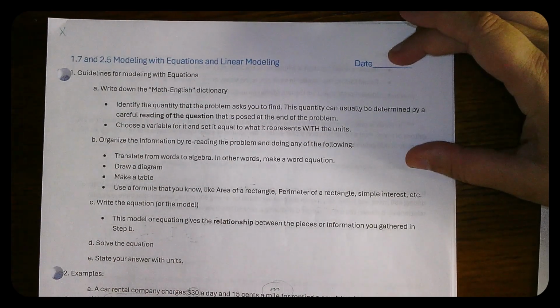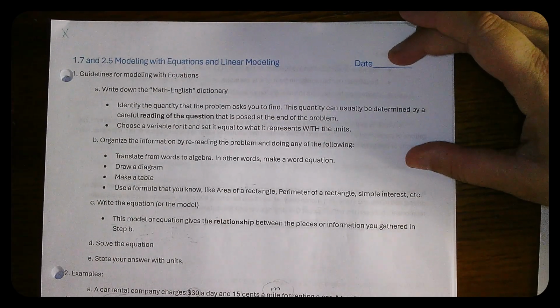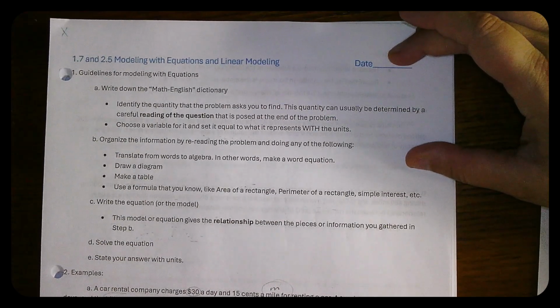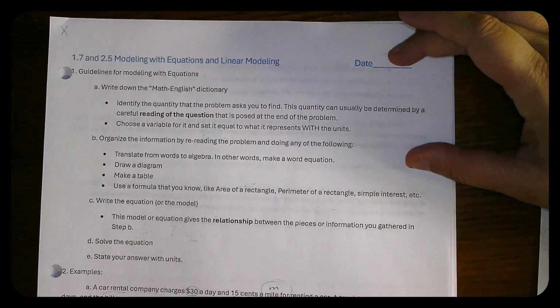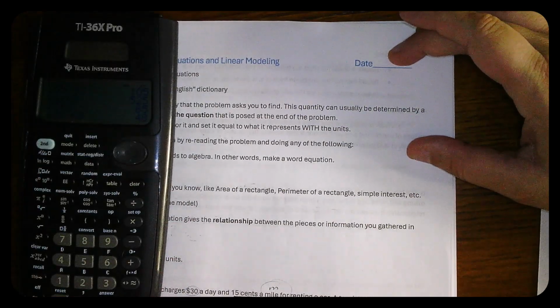The bill comes to $108, so the cost is $108, and we can solve for M. So we're going to subtract 60, which is 108 minus 60 is 48, equals 0.15 M, and we're going to divide by 0.15.